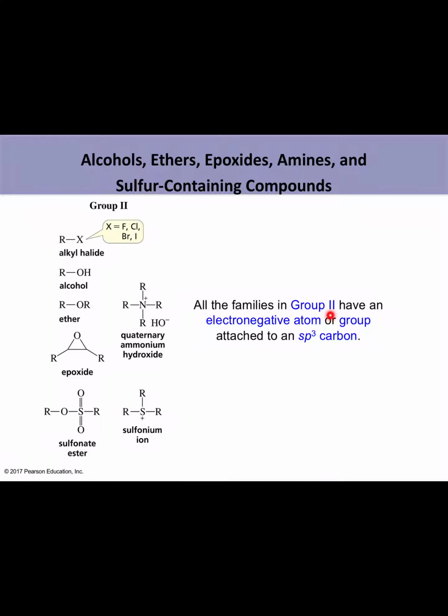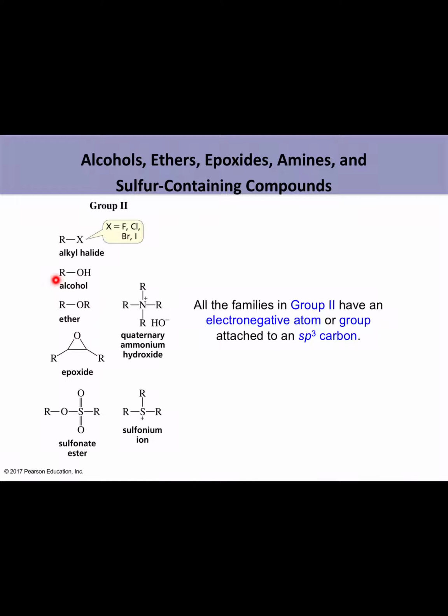All the families in group 2 have an electronegative atom or group attached to an sp3 carbon. Now let's look at alcohol, an OH group attached to an R group. R we call an alkyl group, and this alkyl group is sp3 hybridized.